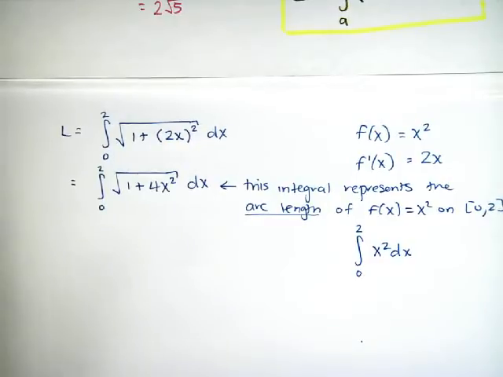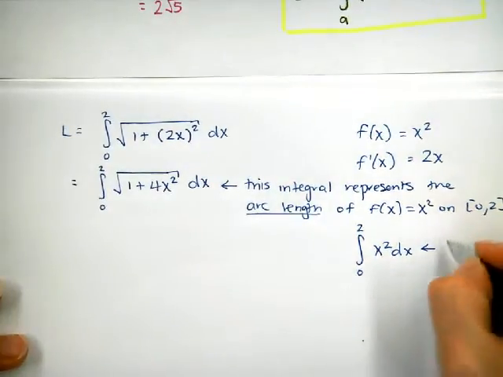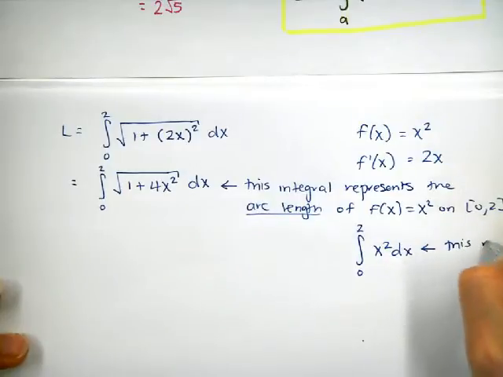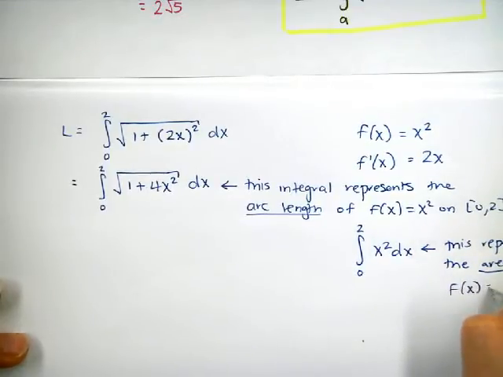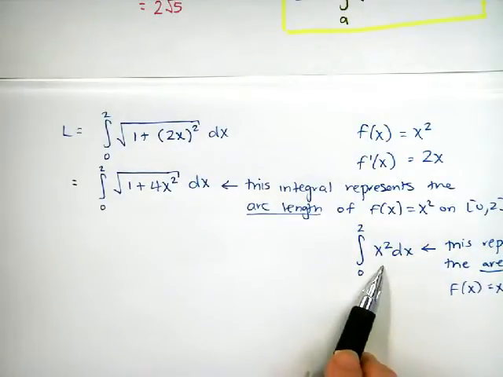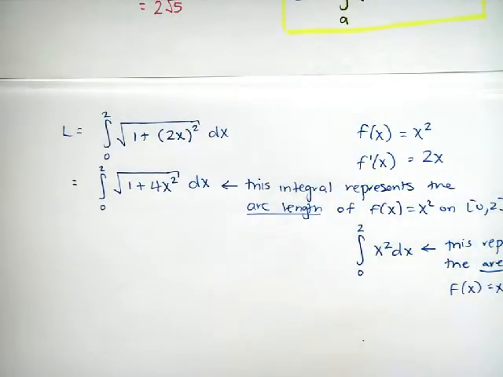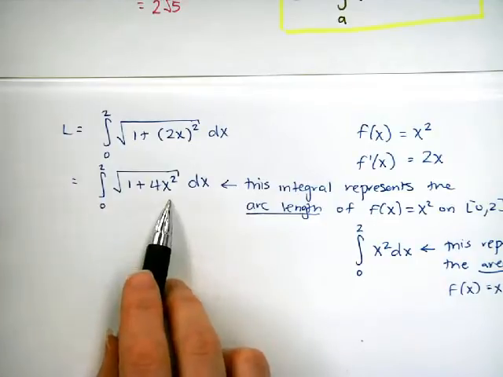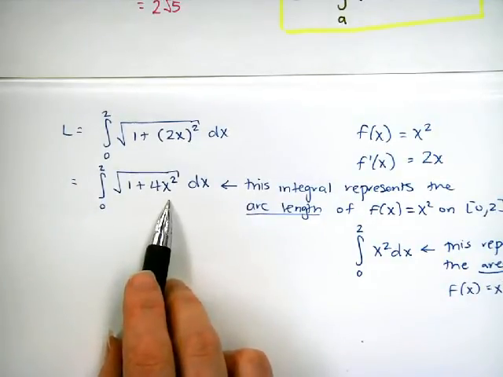The area under x squared on the interval. So this represents the area under f of x equals x squared on 0 to 2. Those are two very different things, aren't they? An area and an arc length. Our usual integral gives you the area, one thing we've been looking at a lot. This formula will give you the arc length of the curve on that particular interval.